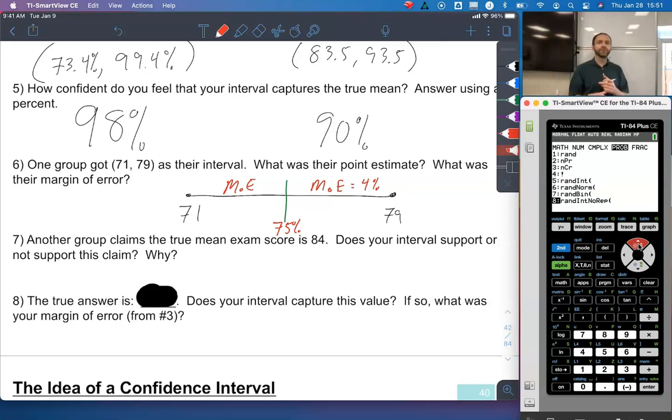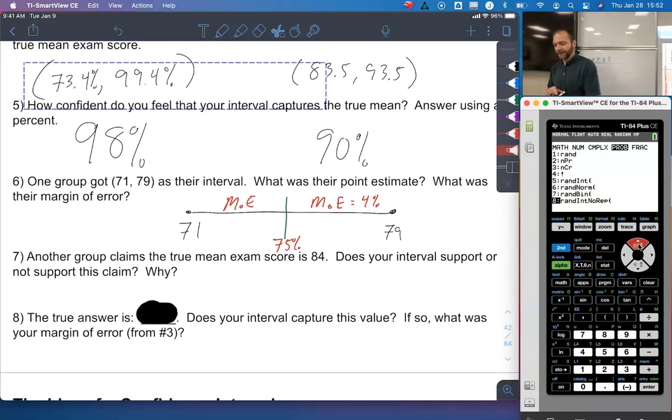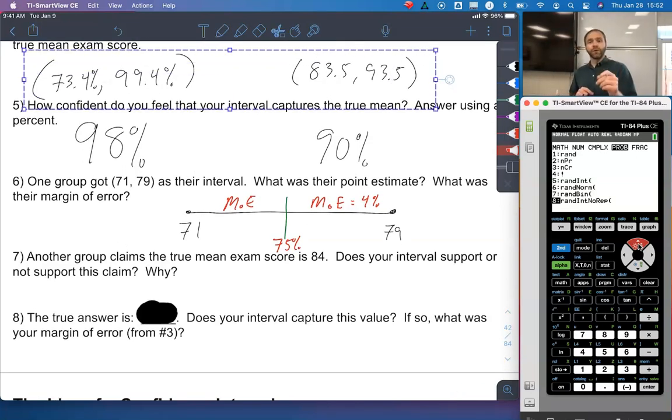In another group, they claimed the true mean exam score is 84%. Does our interval support that claim? In other words, our intervals are right here. Do those intervals support the claim? In this case, yes.